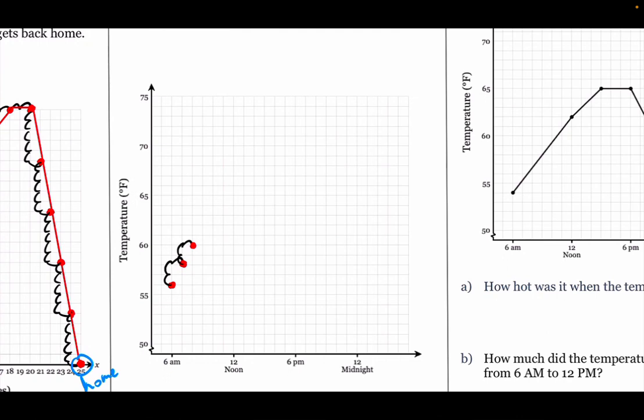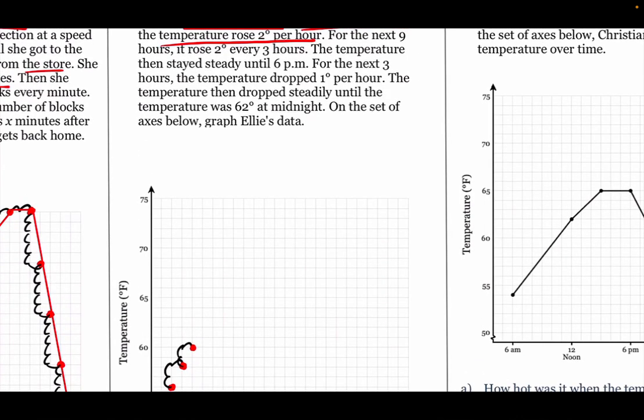So from 8 a.m. to 5 p.m., it went up 2 degrees every 3 hours. So that's up 2 over 3. Up 2 over 3.